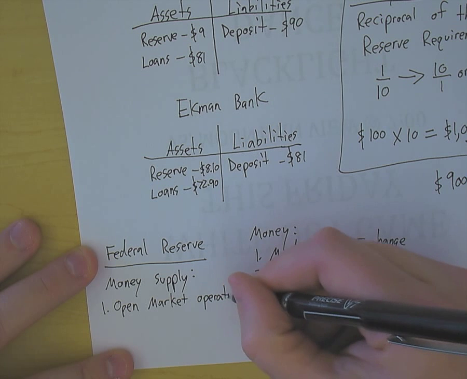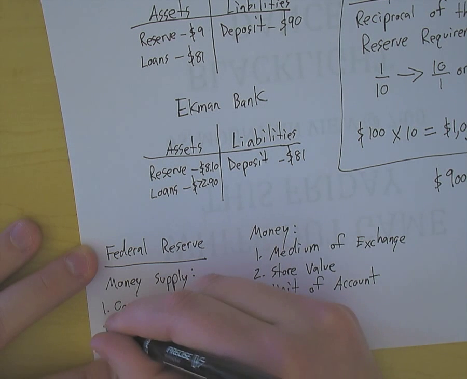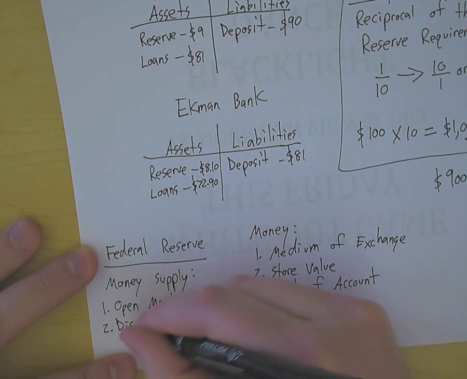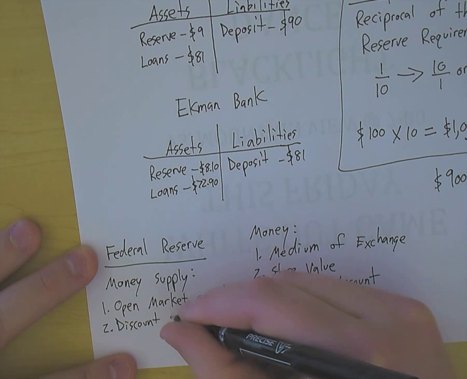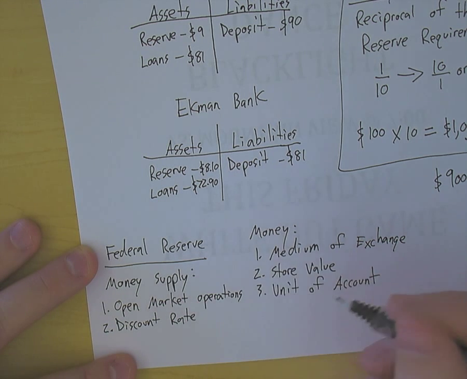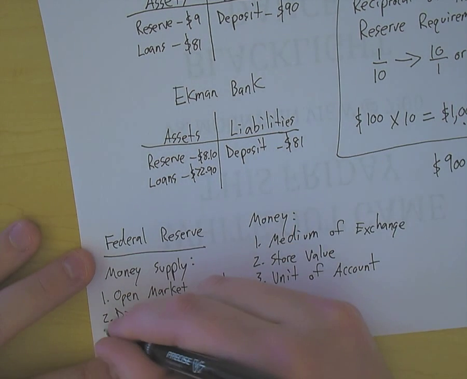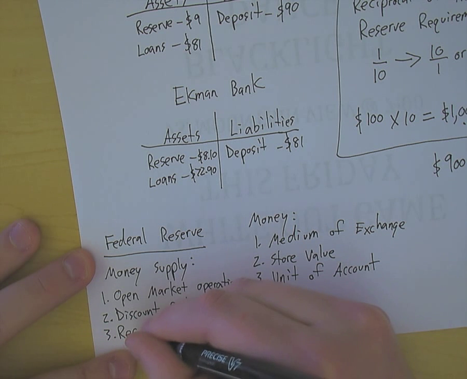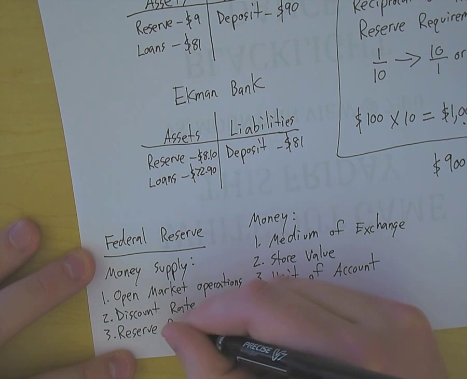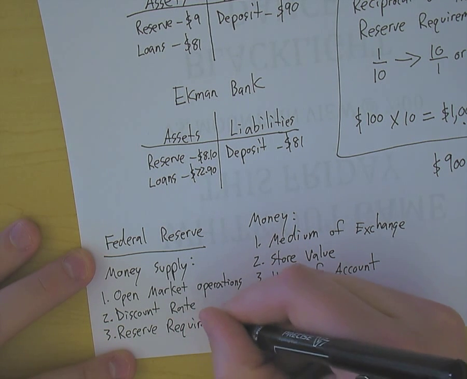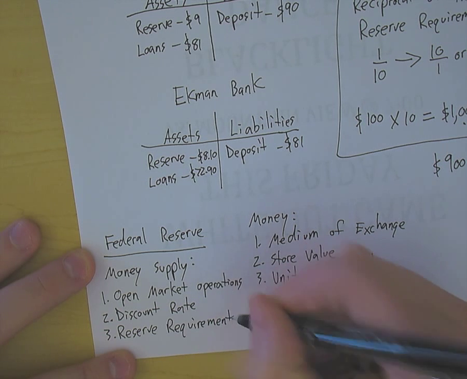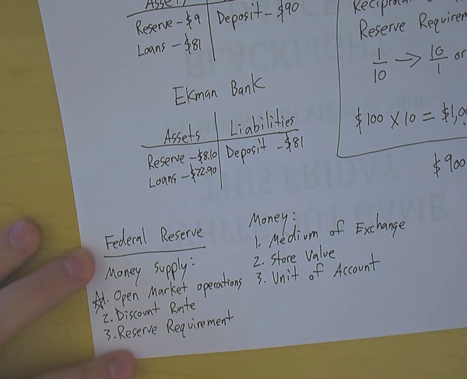That is the buying and the selling of bonds to control the money supply. The second is the discount rate, which is the interest rate they charge banks to borrow from it. And the third one is the reserve requirement. The one that is used the most often is open market operations.